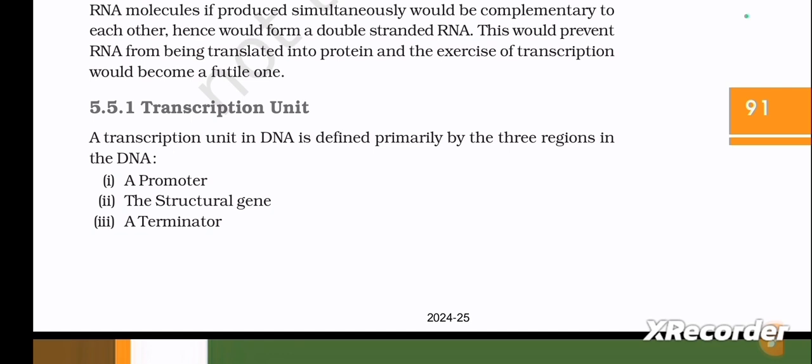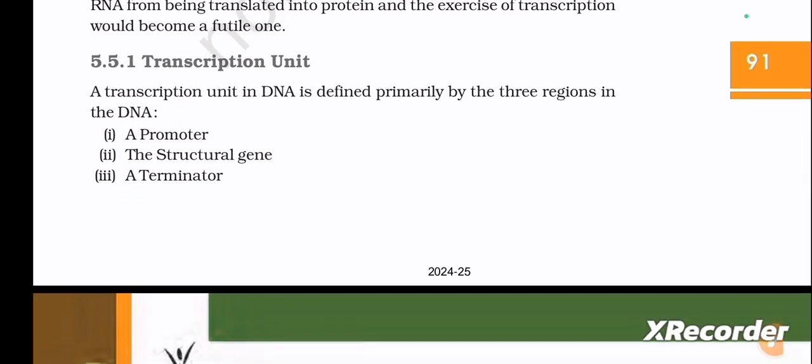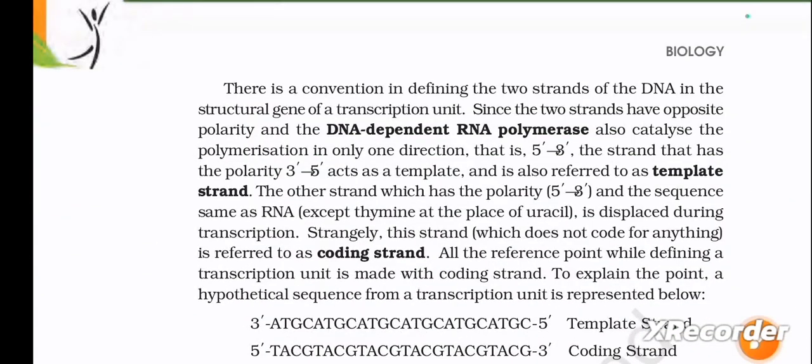A transcription unit in DNA is defined primarily by three regions in the DNA. First one is a promoter. Second one, the structural gene. Third one, a terminator. There is a convention in defining the two strands of the DNA in the structural gene of a transcription unit.